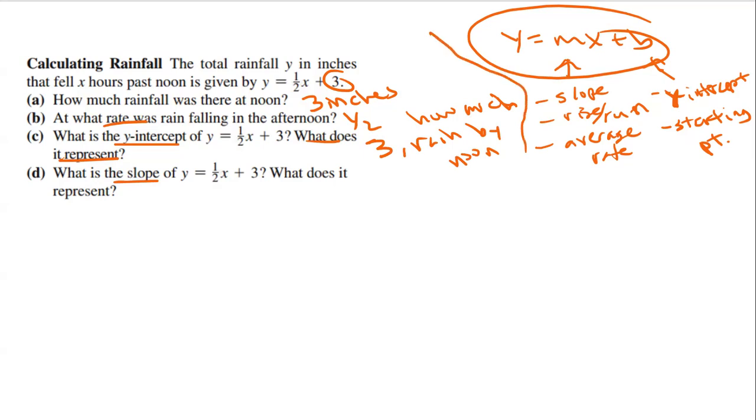Exactly, 1/2. What does it mean? The rate that the rain is falling, right? The rate that the rain is falling.